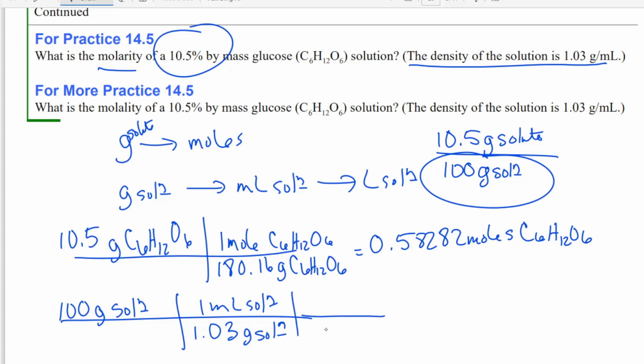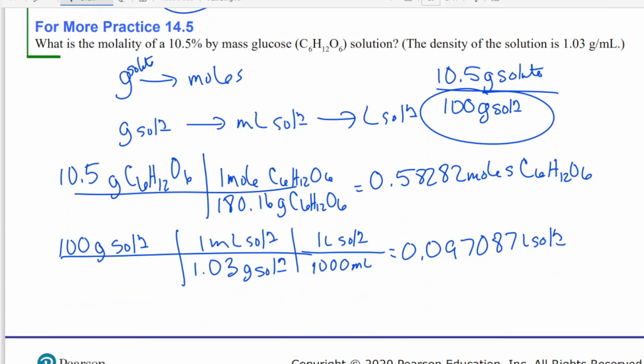You have to be given that information or be able to look it up. And we know that 1,000 milliliters is 1 liter. And so now we have the value for the denominator, 0.097087 liters of solution.